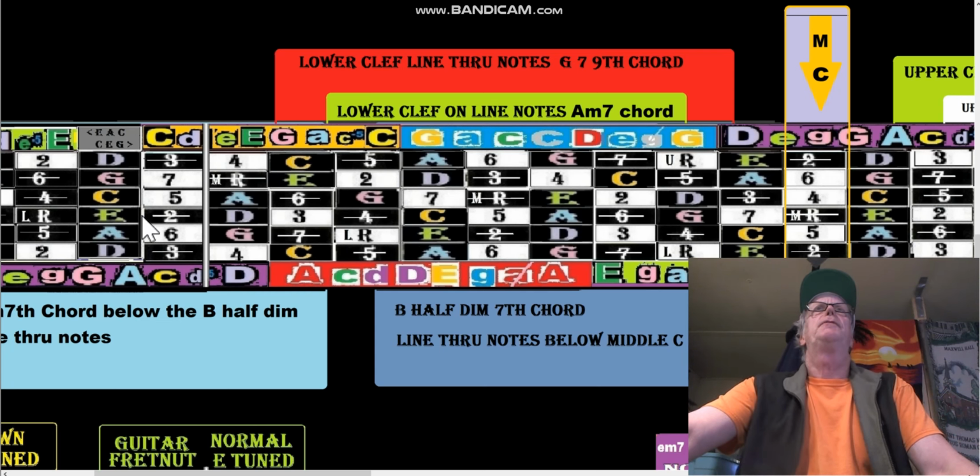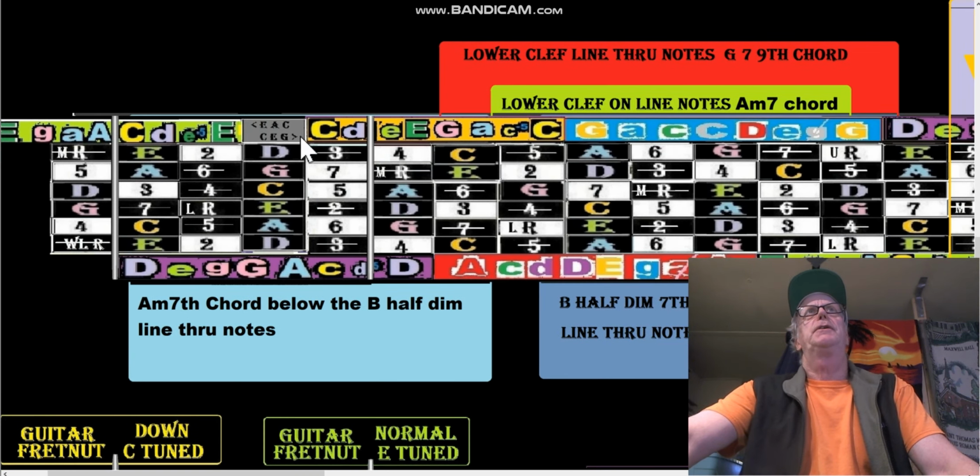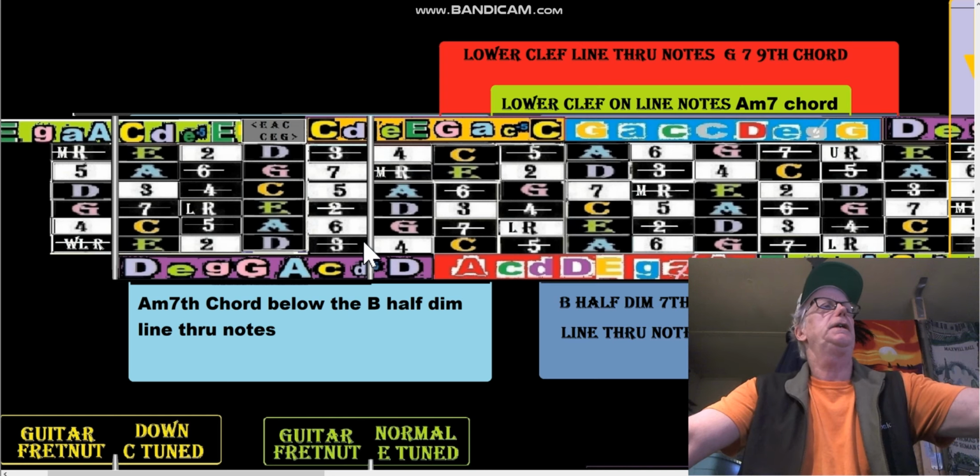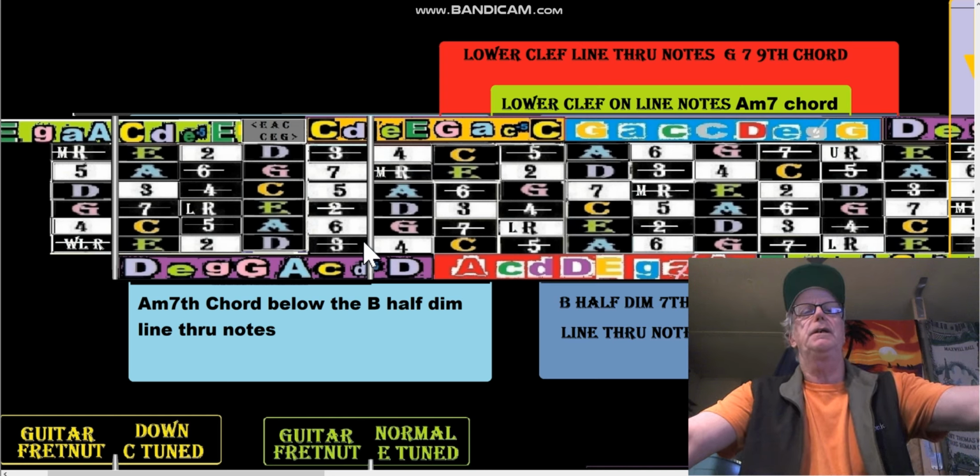So here's the guitar fretboard. Here's your fret nut. I have a guitar that's tuned down 2 whole steps, so your lowest note is E, and in the key of C, that's the 3rd.